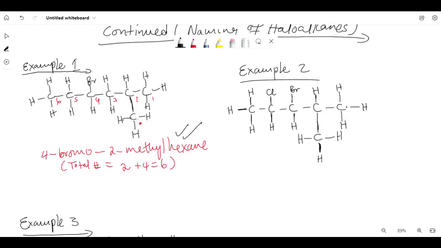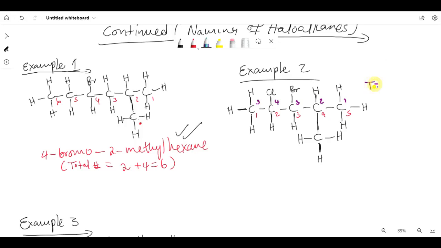If I start from left to right, I'll have 1, 2, 3, 4, 5. But if I start from right to left, this will be 1, then 2, 3, 4, 5.